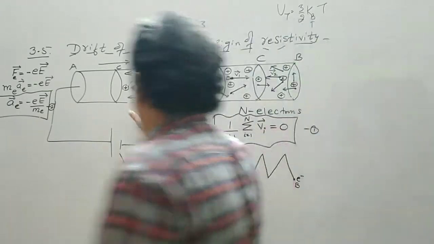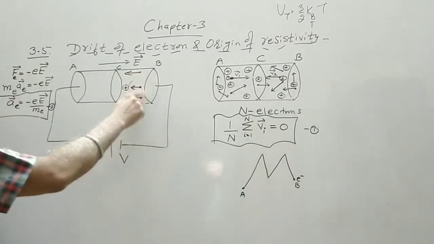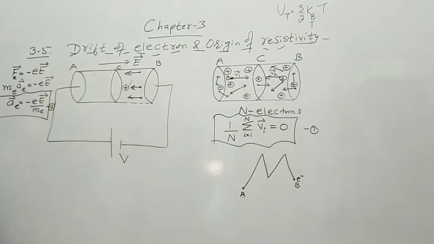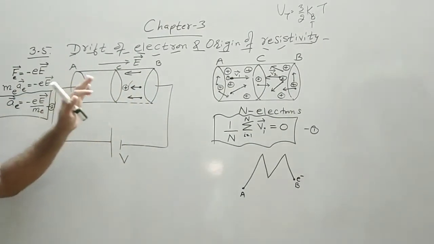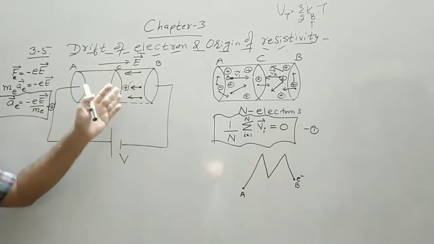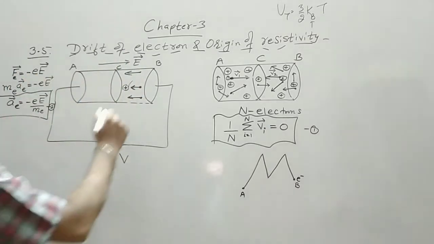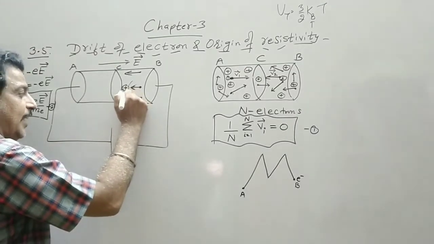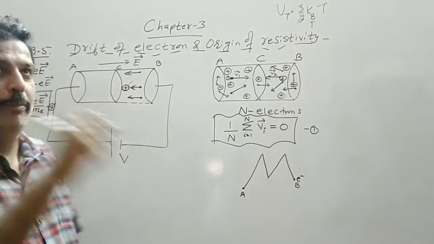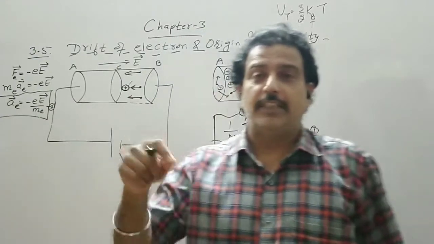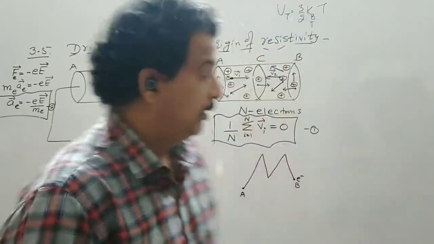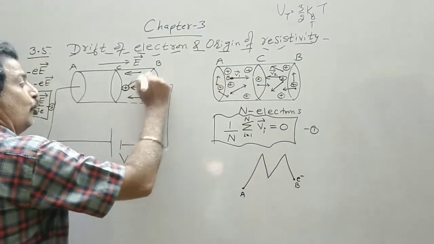So all the electrons are accelerated under the influence of this field, but some of these electrons will collide with an ion, and suppose when it collides, we say it comes to rest momentarily, that is, its velocity tends to 0 and it is thrown away.